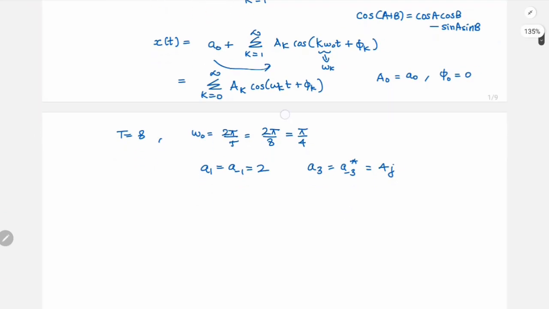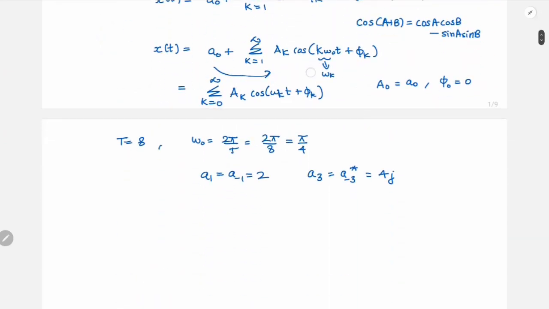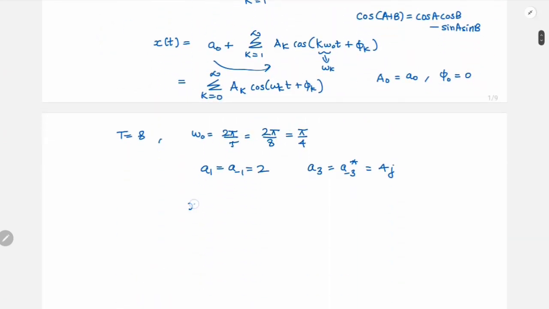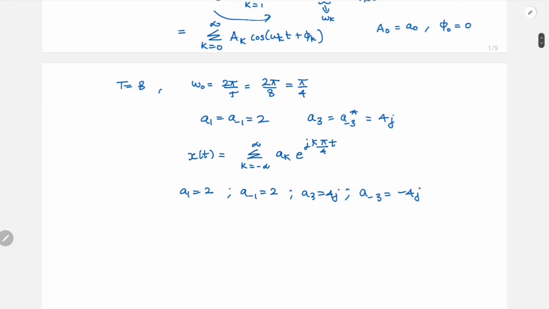So we can proceed the usual way, and finally let's see how we bring it to this form. The usual way, we have x of t is summation k equal to minus infinity to infinity ak e power jk omega naught t, where omega naught is pi by 4. Now we know a1 is 2, a minus 1 is 2, a3 is 4j, and a minus 3 is nothing but minus 4j because of the conjugate.